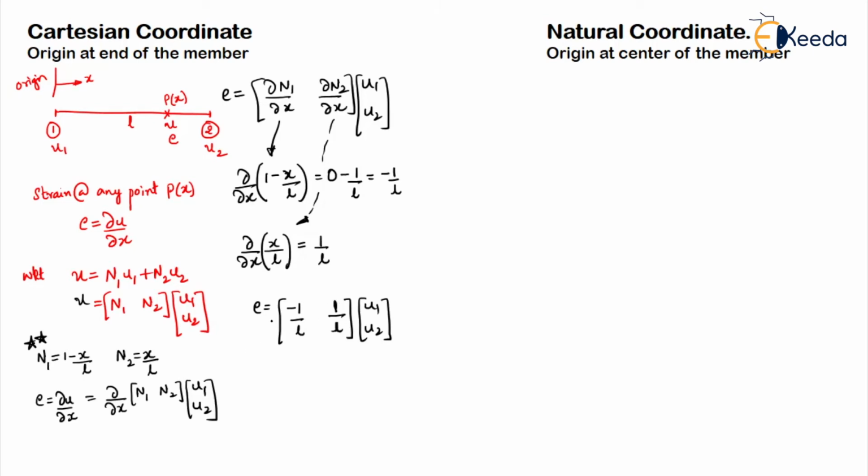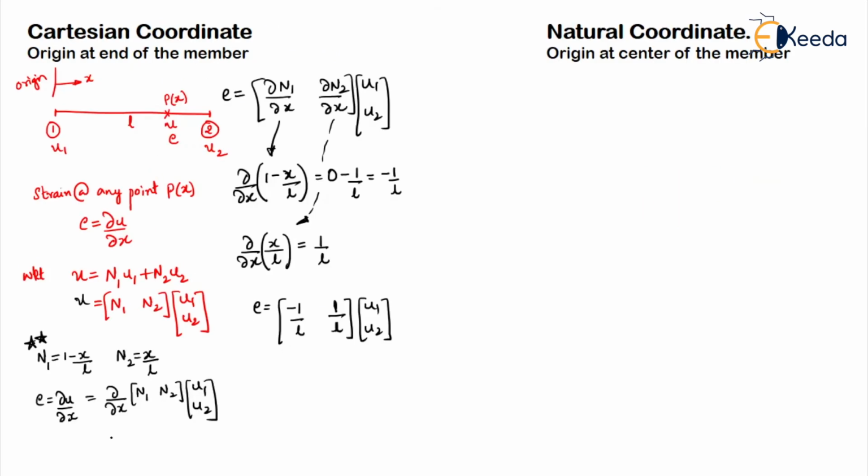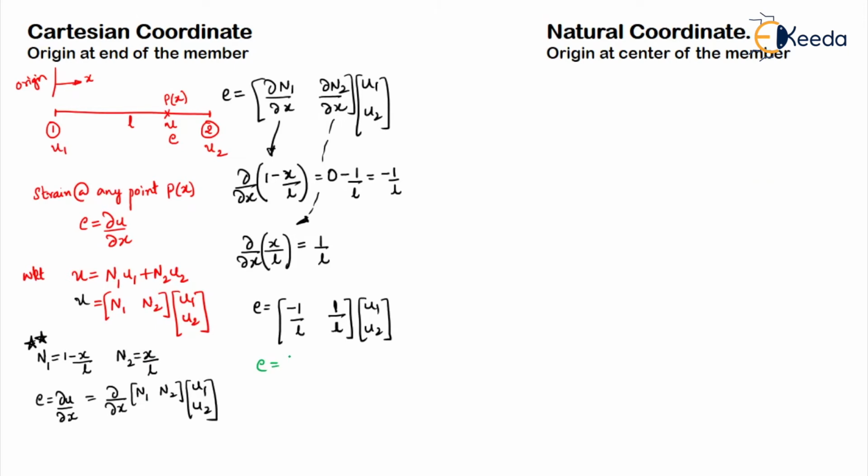If you see the general formula, E is equal to matrix B into matrix delta. Compare this with the result, calling this equation 1 and the other equation 2.